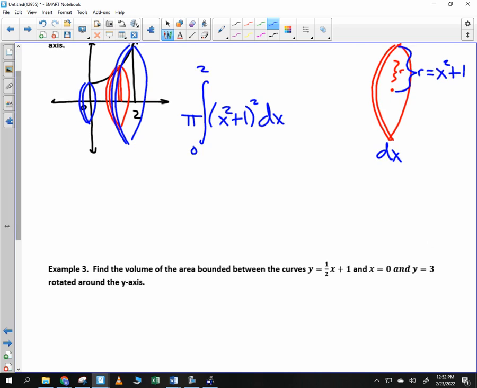So let's square that out. I'm going to have pi times the integral from 0 to 2 of what? If we take x squared plus 1 and multiply it by x squared plus 1, x to the fourth, 2x squared, plus 1. Good.